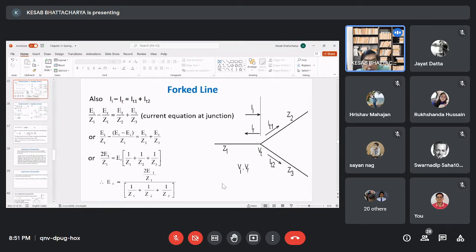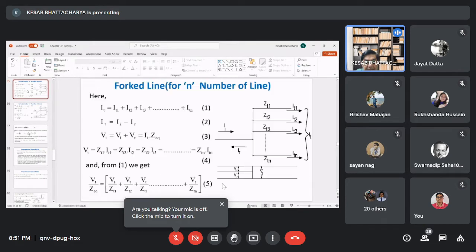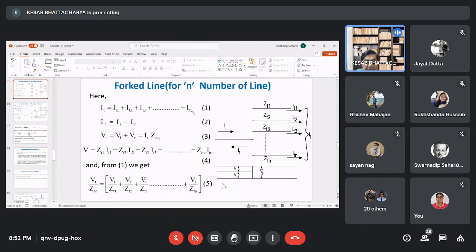Now, if instead of two lines, we consider n number of lines connected here, therefore IT should be replaced by IT1 plus IT2 plus IT3 up to ITN. Let that be equation 1. Again, IT is equal to II minus IR as before. And VT is equal to VI plus VR. That should be equal to IT into Z equivalent, if we consider that the equivalent impedance of all these lines connected in parallel is Z equivalent.